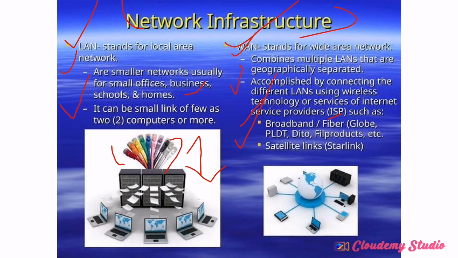It must be a combination of more LANs, local area networks, in order to come up with a wide area network, using broadband, fiber, and so on. So this is the type of connection.